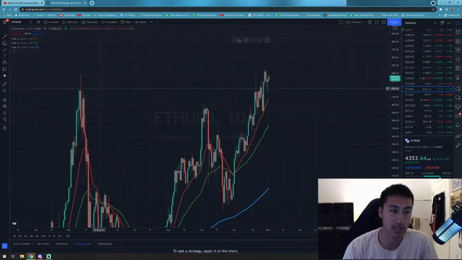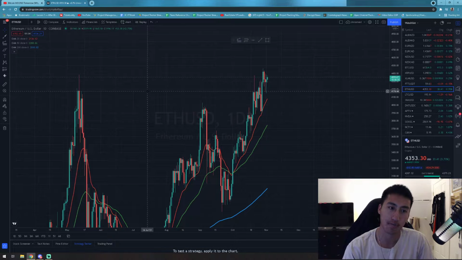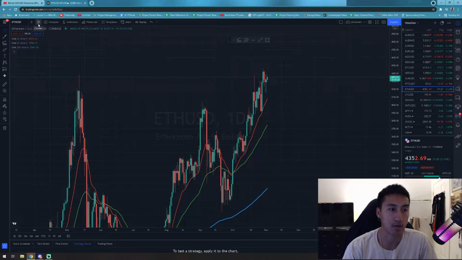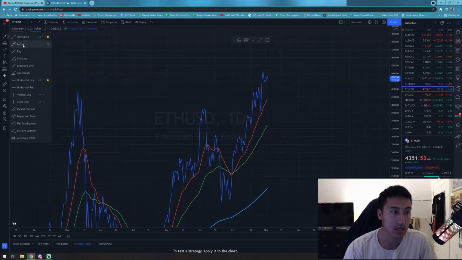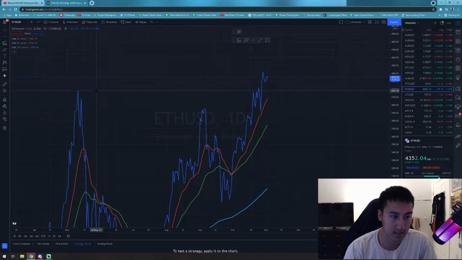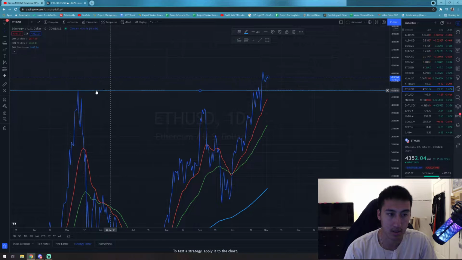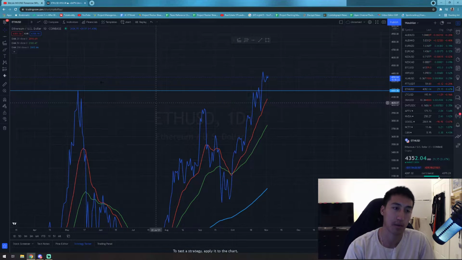First things first, I like to draw out my horizontal lines where my supports and my resistance are. So I'm gonna look at the line chart here, and first things first, I like to put it at the tipping point where the price bounced, right?